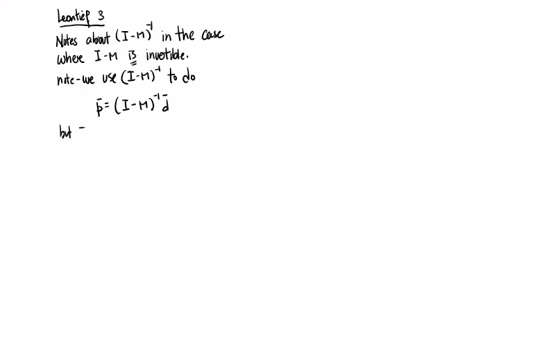More specifically, the entries in I minus M inverse are useful in their own right, without necessarily multiplying them by a D. So what we'd like to do is take a look at that.